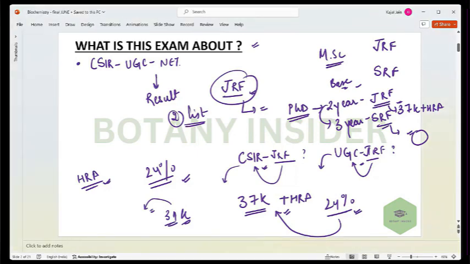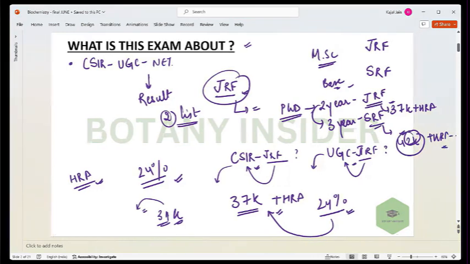It is 42, not 41. You people have not done your homework for this, right? You are preparing for this examination and you don't know what the amount of JRF is, and what is the amount of an SRF. None of you have written it right. It is 42K. 42K plus HRA. Okay. So 2 years JRF and for the next 3 years as an SRF. Right. So this is about the JRF and the SRF, and the amount that you get.